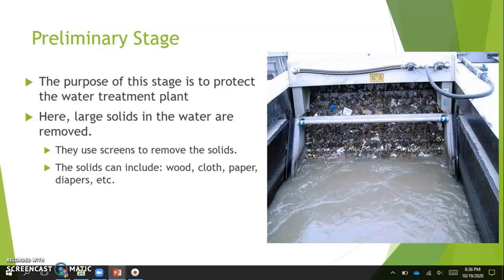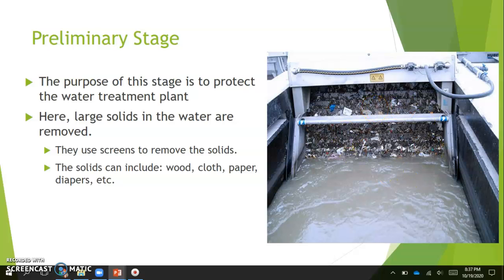Anything super large that might have been flushed down, like if kids flush toys, or you flush a non-degradable wipe, or you're flushing tampons down the toilet, which you're not supposed to do, those will get caught in the screen, and it will not filter into the plant. The screen will catch all of the big stuff.